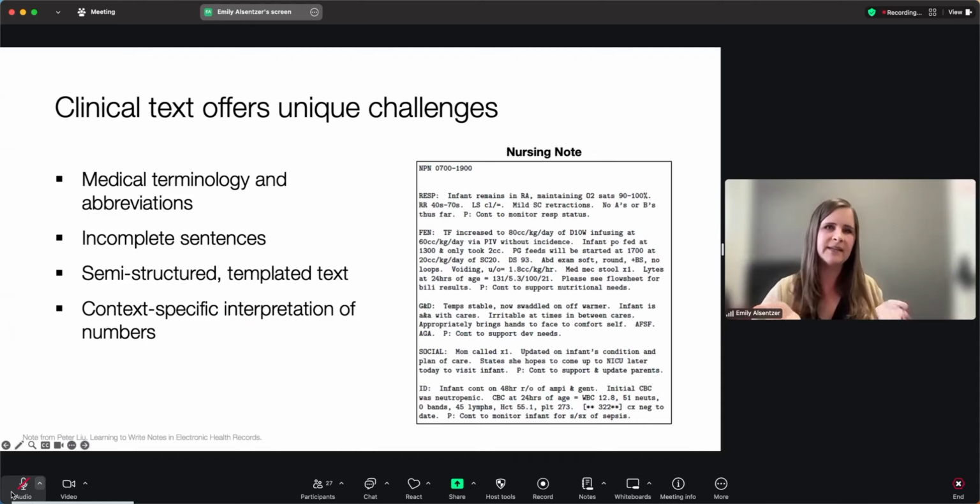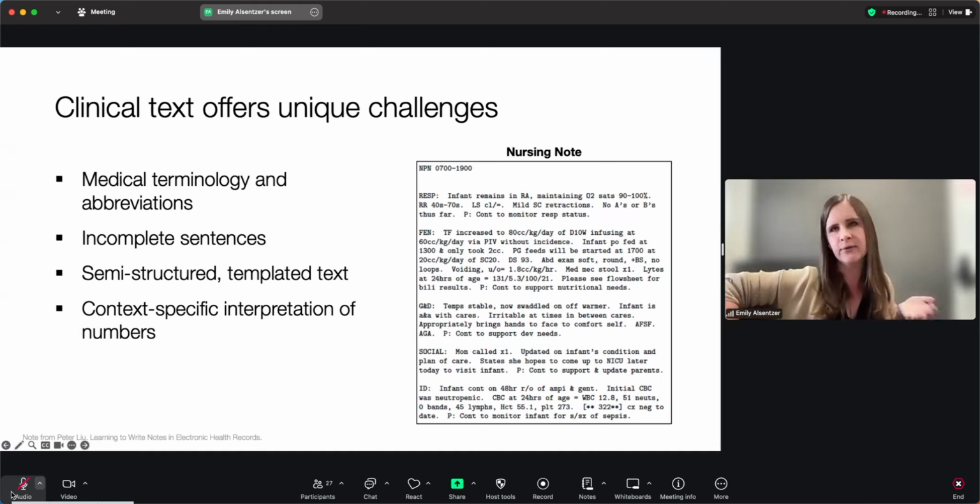Such general domain data is not necessarily representative of clinical notes, which often contain medical terminology and abbreviations, and have incomplete sentences. The text is often semi-structured, often written using templates. And interpreting the information in clinical notes, such as the meaning of lab values, requires domain knowledge that's not typically present in the internet data you'd see for training a GPT-type model.